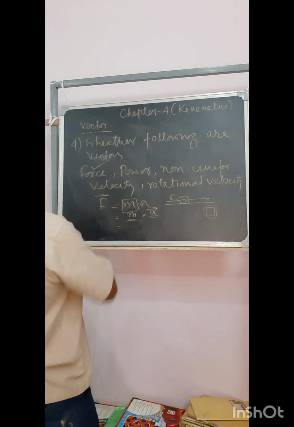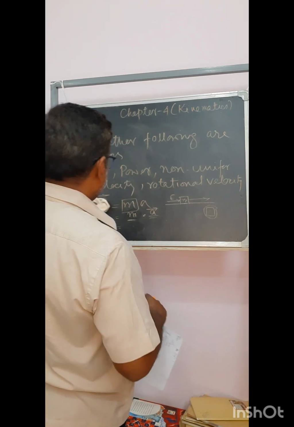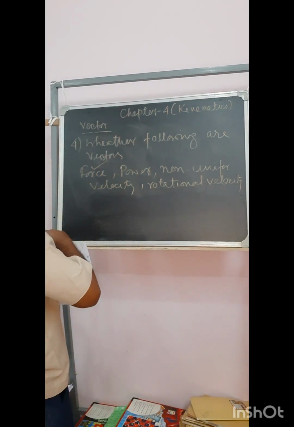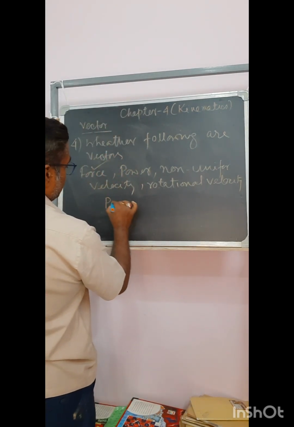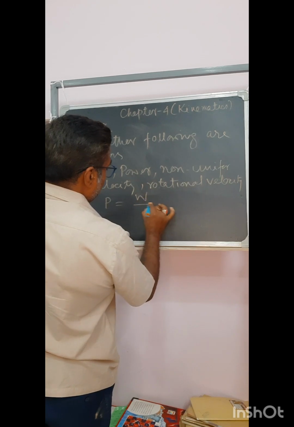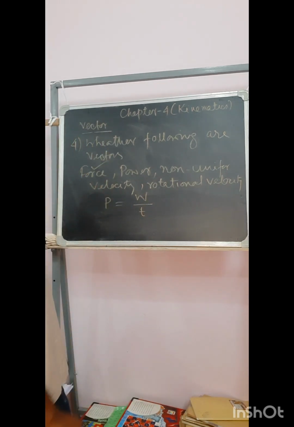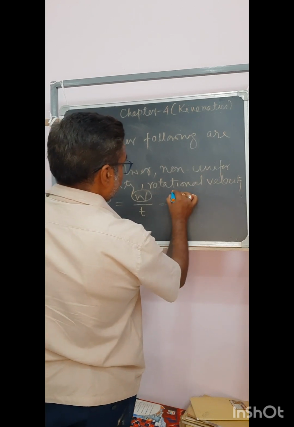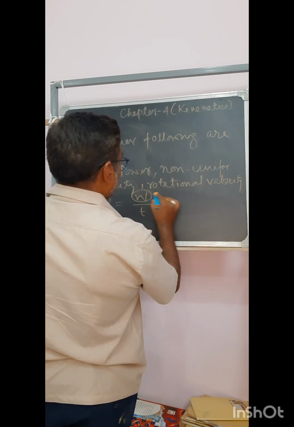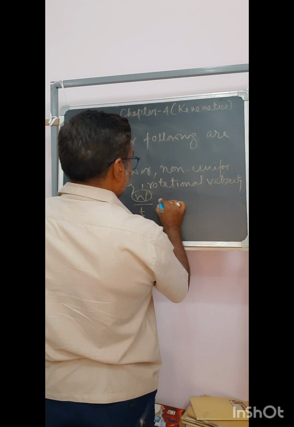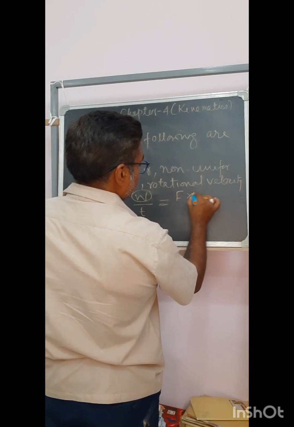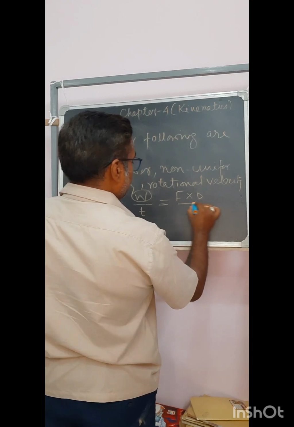Power. Now power, how will I get it? Power is defined as the rate of doing work. So power is nothing but work done upon time. Work done, we know, is nothing but force into displacement, divided by time.